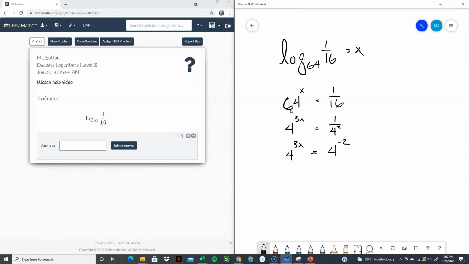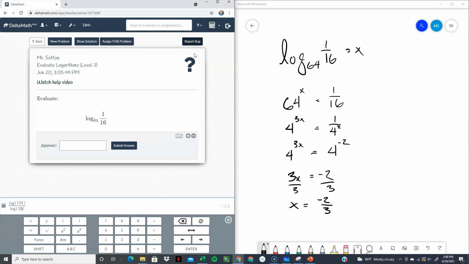And then if these equal each other, then the exponents have to equal each other as well, because we have the same base now. So that would be 3x equals negative 2. Divide by 3 on both sides. You get x equals negative 2/3.